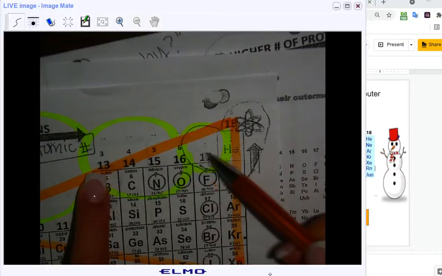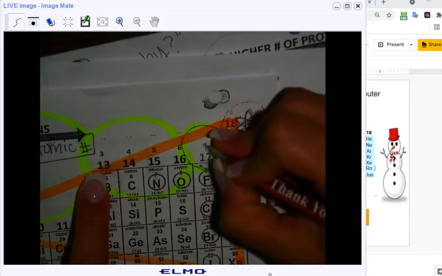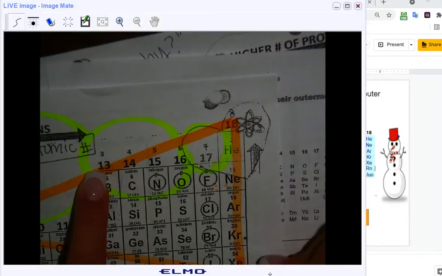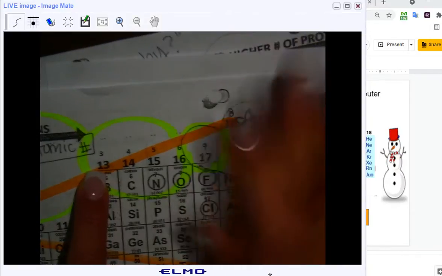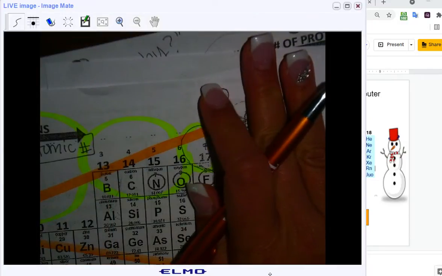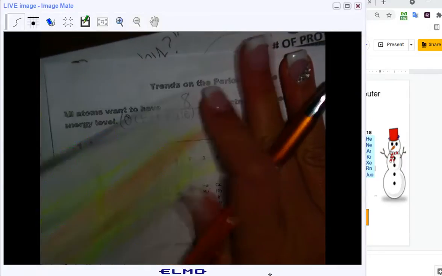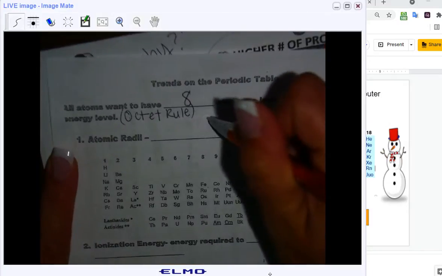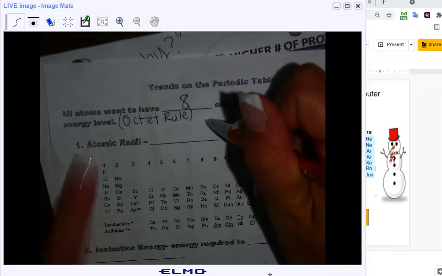Those are your valence electrons. So 8 is in 18 right here. They already have 8. That's why they're noble. Everybody wants to be like them. Okay, group 18. All right, cool. I'm going to come back to that, so make sure you remember it. In 5 minutes, I'm going to ask you again.